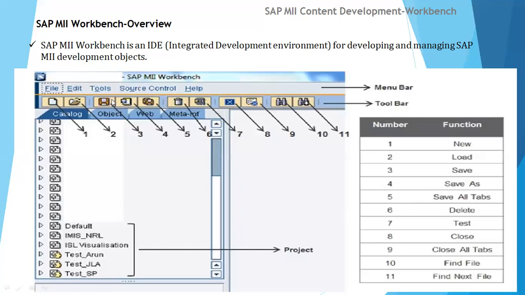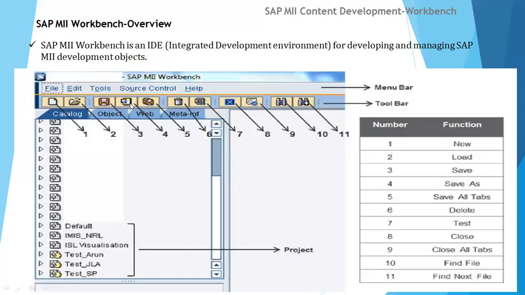And this is the save button. Suppose you have created a new object and you want to save it in the SAP MII database. You can click on save, and it will ask you for the name of the file, and then you can save it. The fourth is save as, which is very similar to the functionality in Word, Excel or PowerPoint.